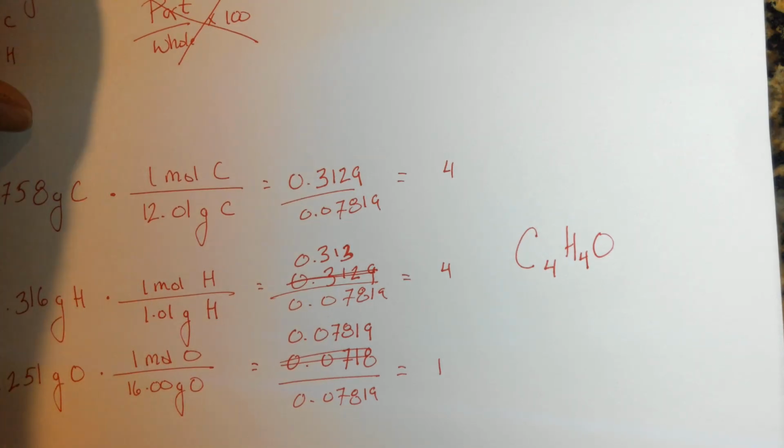That's great. All right, so we've done a couple practice problems here. We've talked about empirical formulas. We have not yet talked about molecular formulas. So I want you to go to the next question.